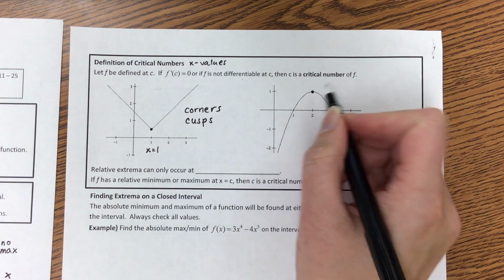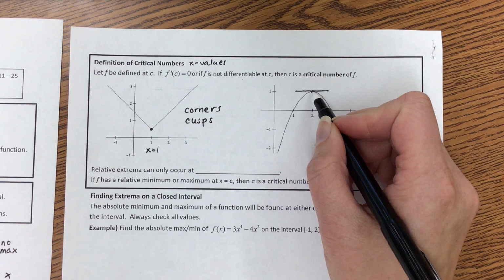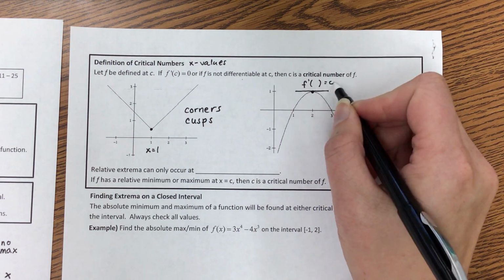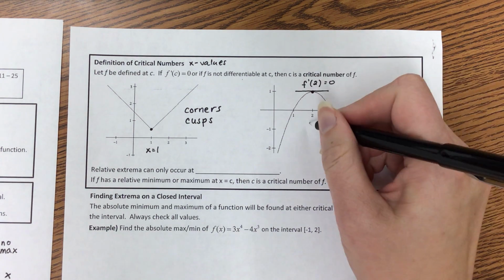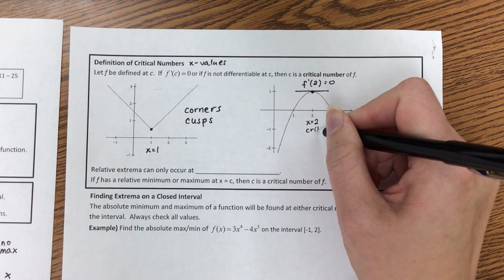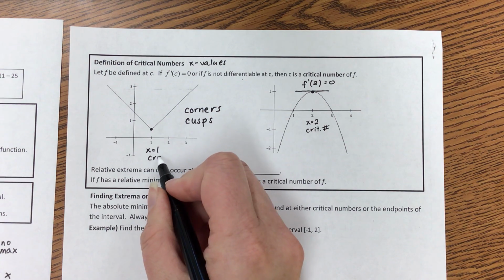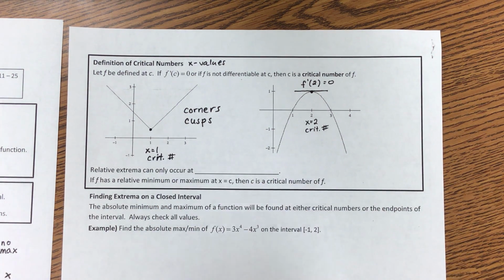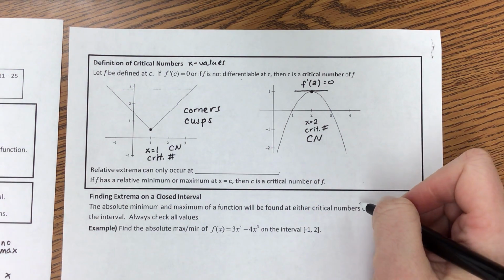But sitting up here at the top of a curve, a tangent line would have a slope of 0. So f prime of whatever that x value is 0. The x value is 2. So x equals 2 is a critical number. Over here, x equals 1 is a critical number. Also called Cn sometimes, Cn for critical number.